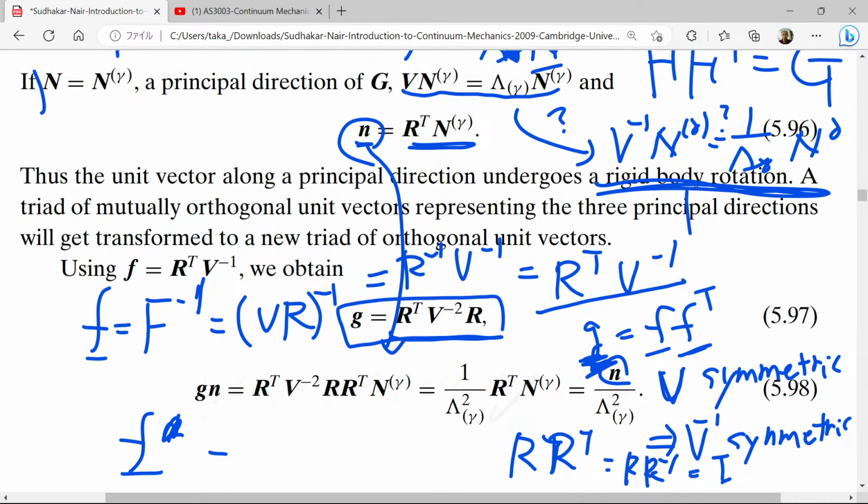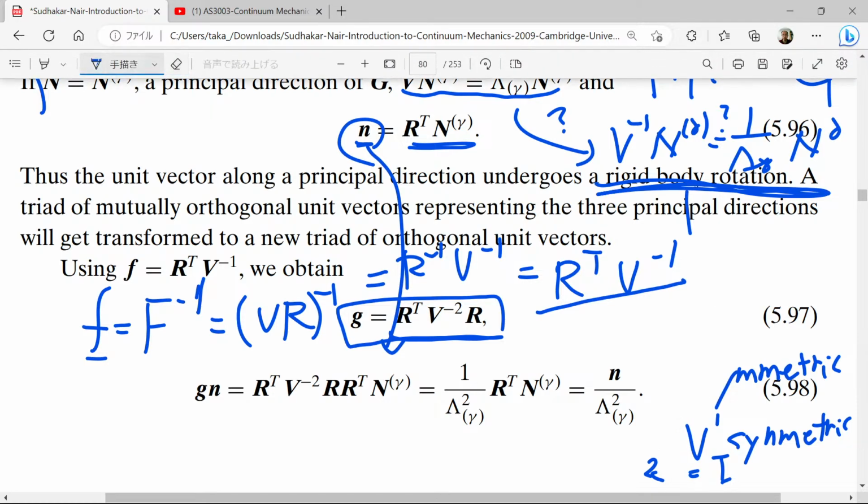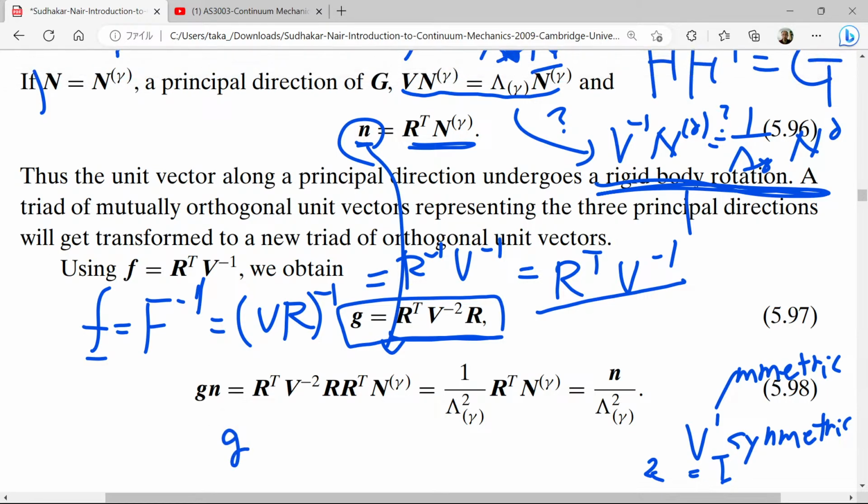So G inverse Gn is lambda. See, this is more like an eigenvalue equation. This is lambda gamma square n.